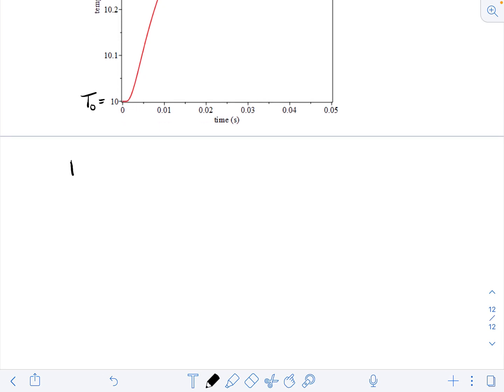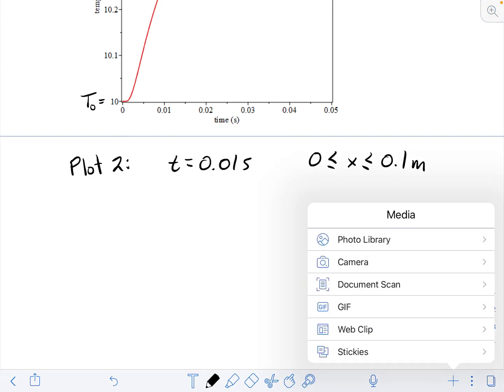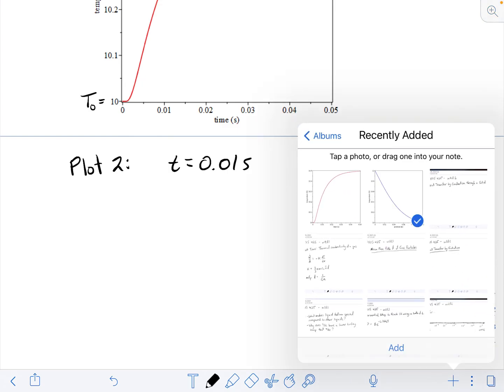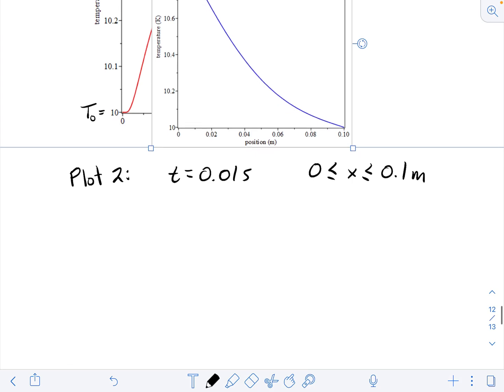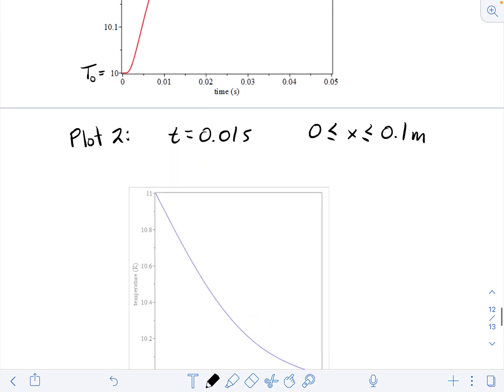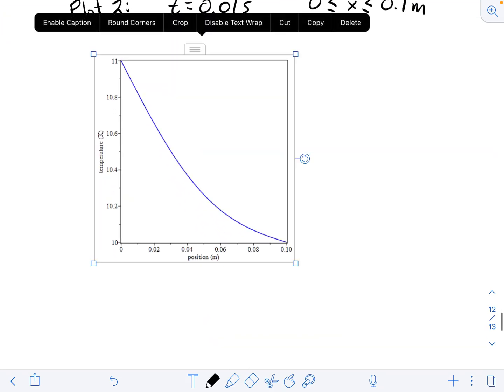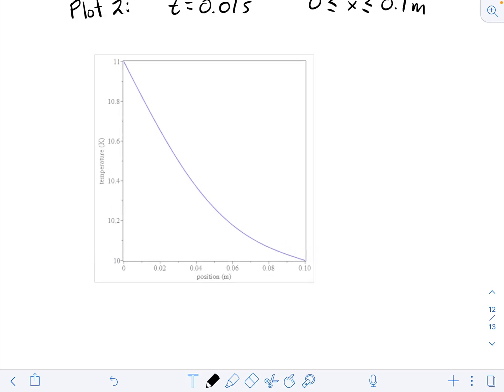Okay, the other thing we could do is we don't have to look at temperature as a function of time. We could keep time fixed, and so let's say 10 milliseconds. And we can look at how the temperature varies as a function of position along the rod. And so I'm going to add this thing in. And so here's our second plot.